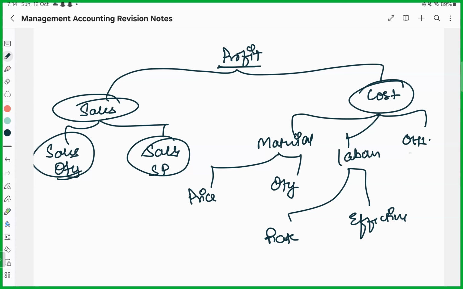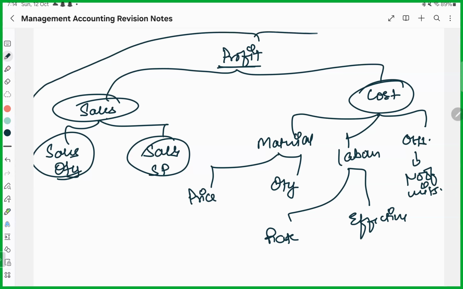Then there are the overheads, the number of units that I have manufactured. So this is the entire standard costing comparison which we do at the company level, comparing the budgets I've aligned with the actual results that I'm achieving.